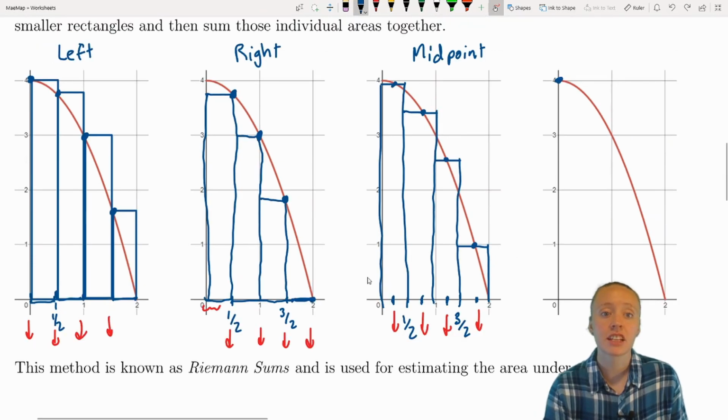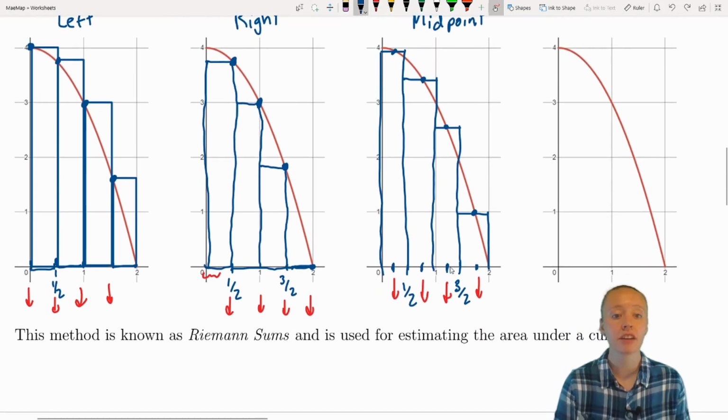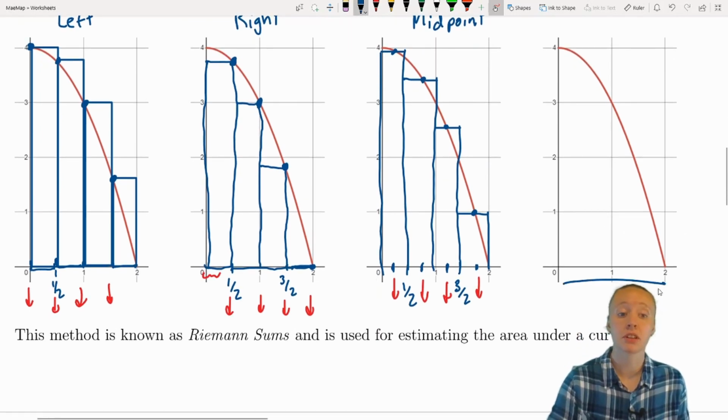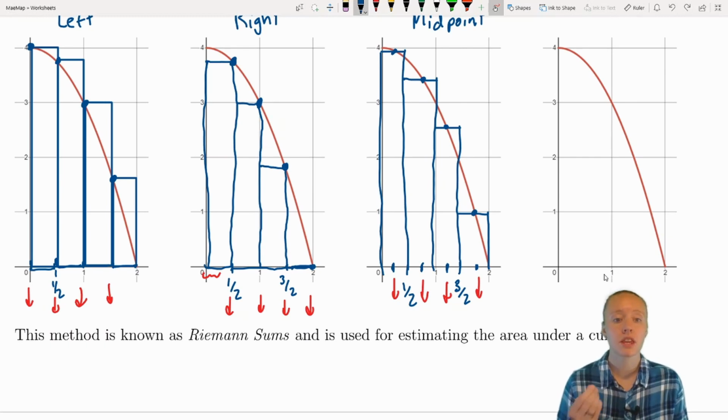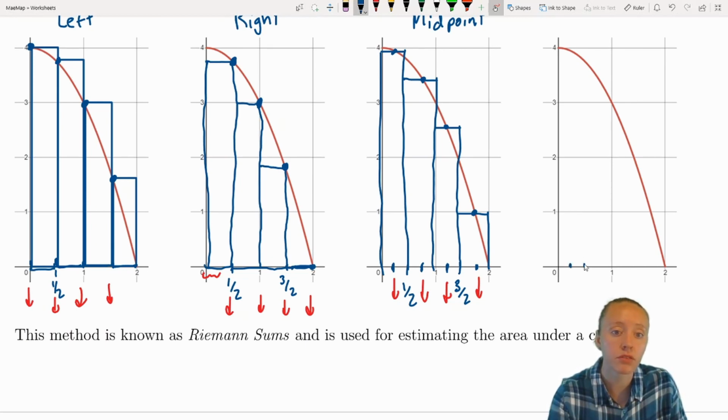Let's say that instead of using 4 now, we doubled that amount. So let's use 8 rectangles. If we were to use 8 rectangles along this interval of 2, what would the width of each rectangle be? 2 divided by 8, that interval divided by the number of subintervals we want, is going to give us 1/4. So now each rectangle is going to have a width of 1/4.